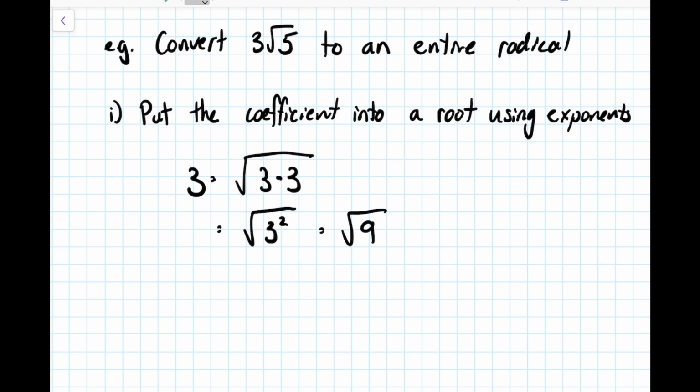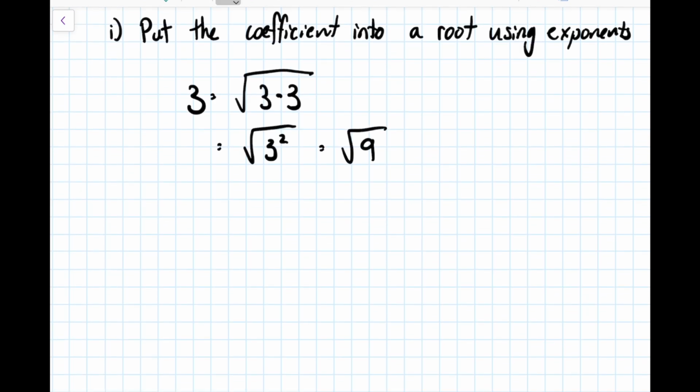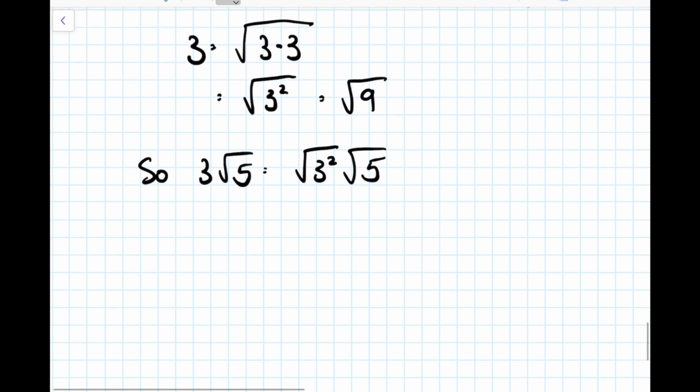So we're going to use that exponential form, that 3 squared, as kind of our intermediary step. So what we'd do is we'd say 3 root 5 is going to become the square root of 3 squared times the square root of 5. And this is where that important thing from earlier, where we can multiply 2 roots by just multiplying the radicands, comes into play. So step 2 here is just multiply.